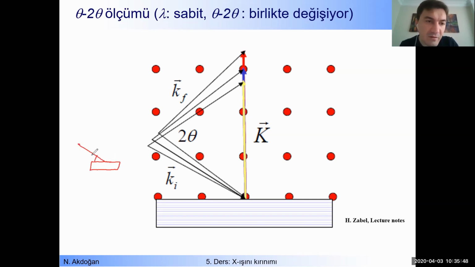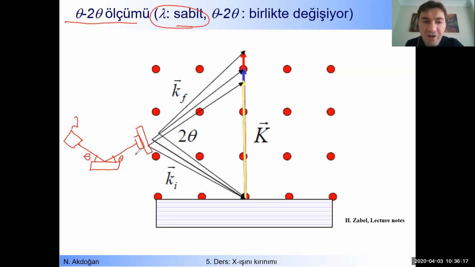X-ray is coming with a certain theta angle, and it is diffracted with a certain theta angle. The detector is waiting here, and this is the X-ray source. So in theta to theta measurement, lambda is constant. Here we have a monochromatic X-ray source, fixed wavelength, okay?